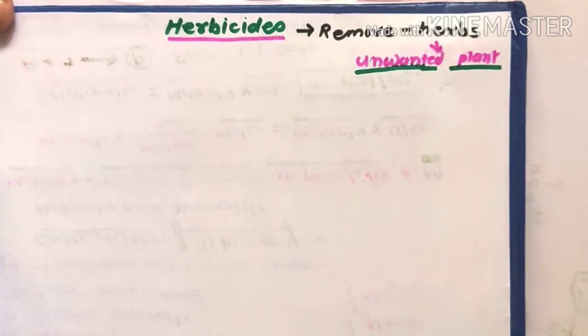And the third one, poisonous weeds get eaten into harvested crops. These are the main disadvantages of the weeds or herbs. Therefore, chemical components are used to control such types of plants to increase the yield of the main crop.